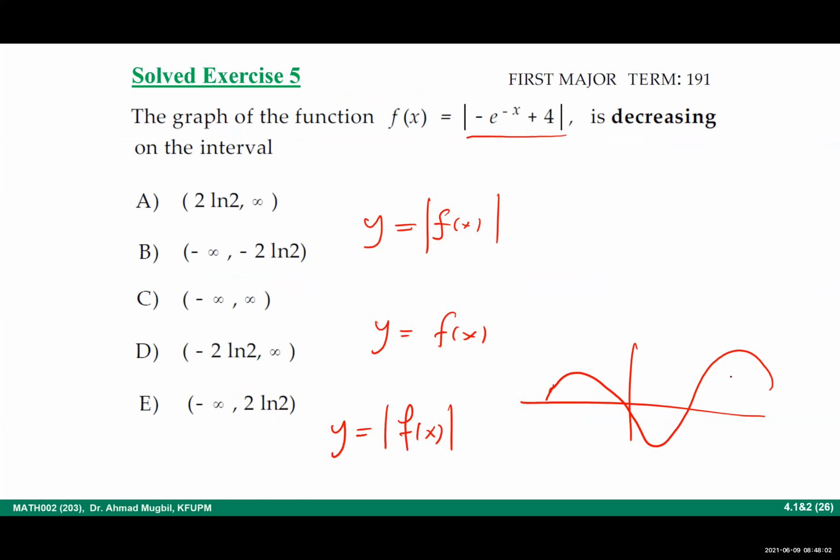It will be like this. Any part below the x-axis will be reflected around the x-axis. That's the only difference. Exactly. Yes, you are right. Totally right. Thank you.